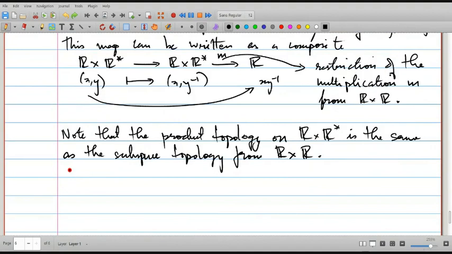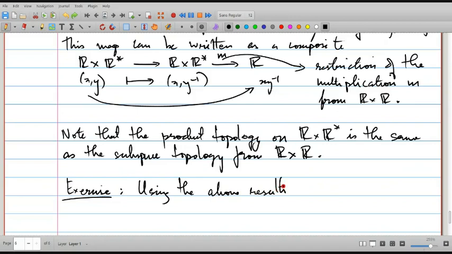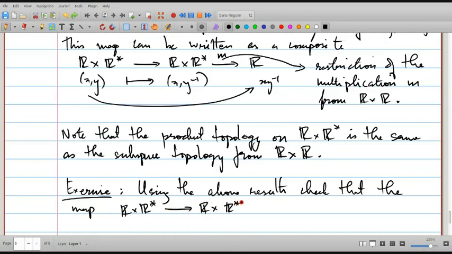So the first map, an easy exercise, using the above results: check that the map R cross R star to R cross R star given by x comma y goes to x comma y inverse is continuous.